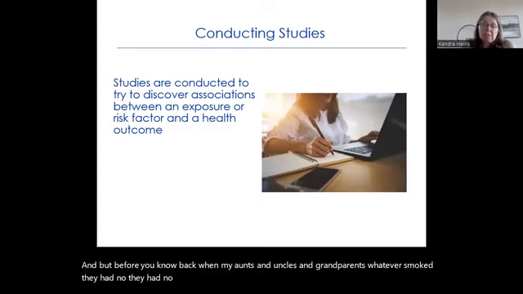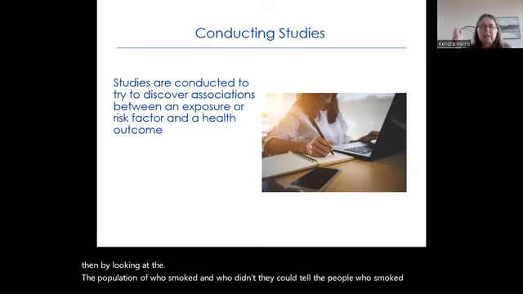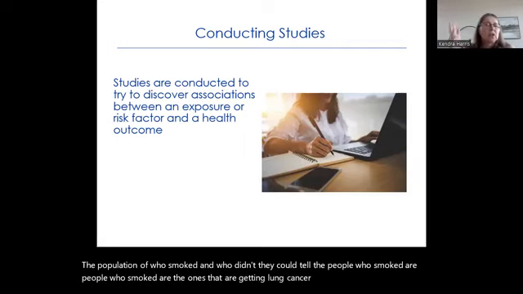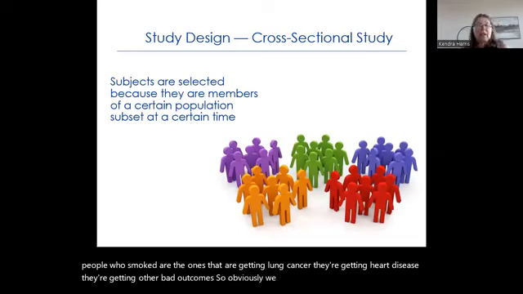They just knew that they smoked, and that was fine. But by looking at the population of who smoked and who didn't, they could tell people who smoked are the ones getting lung cancer, heart disease, and other bad outcomes. So obviously we can assign that to cigarette smoking.